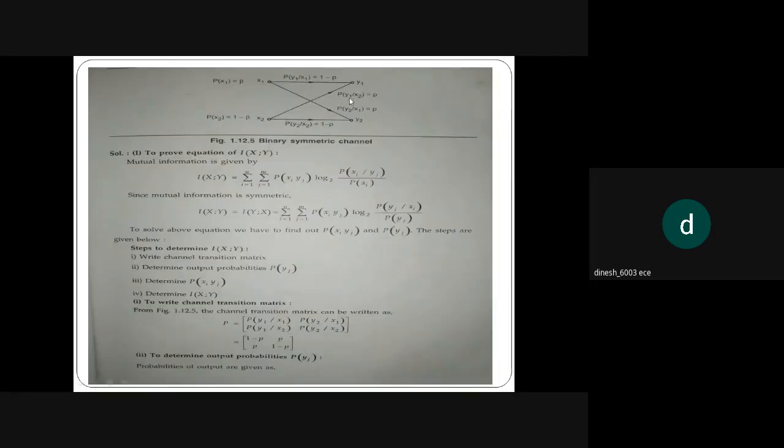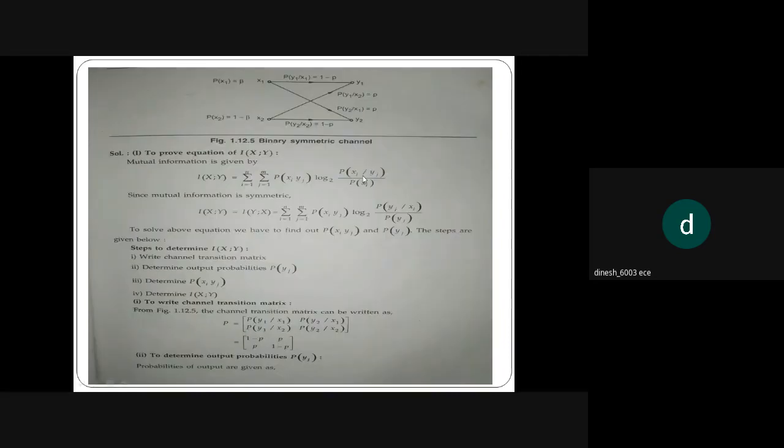Next is x2 y1. P of x2 y1 is this. Log to the base 2. We have p of y1 over x2, which is p, divided by p of y1. P of y1 is alpha. So p by alpha. Then the fourth one is p of x2 y2, which is 1 minus p minus beta plus beta p.